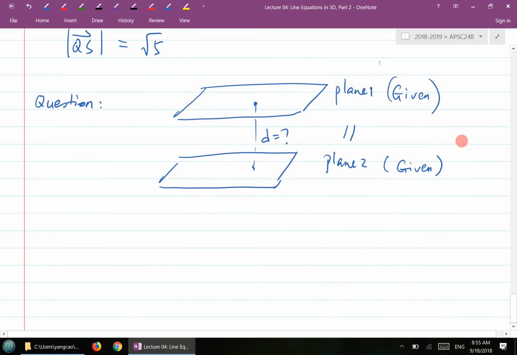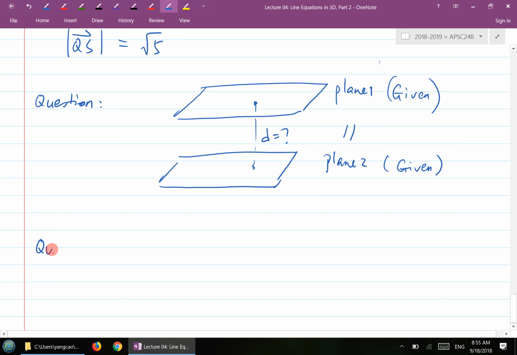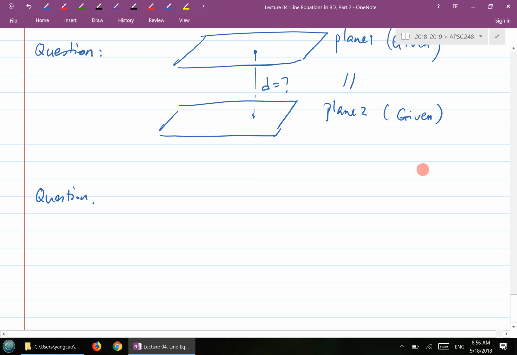And then there's another type. Given two lines, here's line 1, here's line 2. In this case, I call them skewed. I think I mentioned in the previous lecture, when you have two lines in 3D space, what are the geometric relationships?